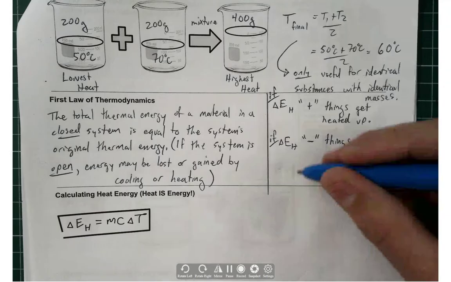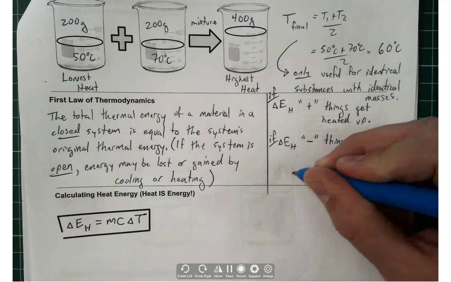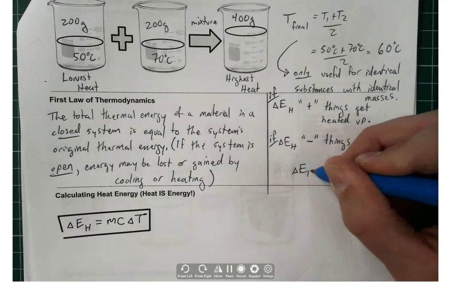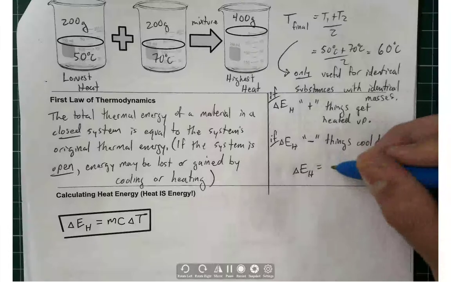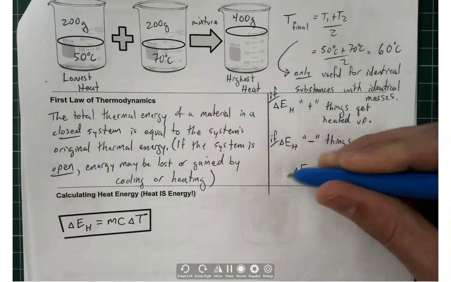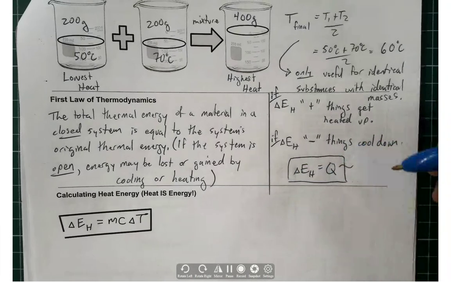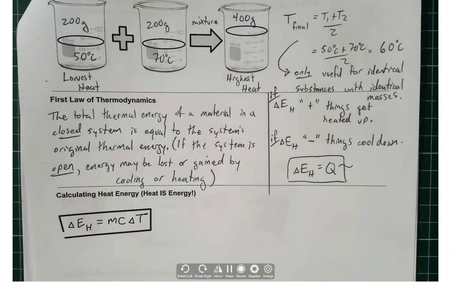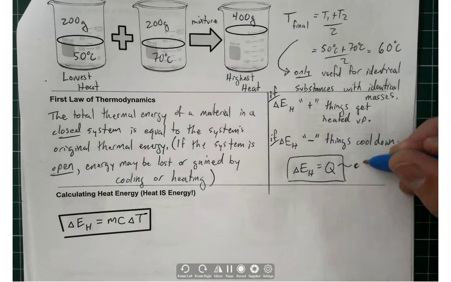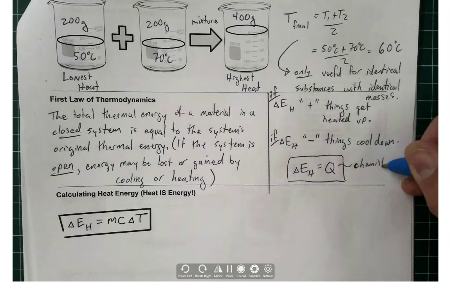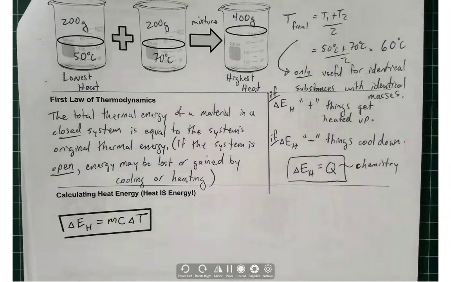Another little fact: you're going to see this in chemistry, so I want to make sure it's clear. I'm using delta EH for heat energy, but chemistry and many people online use capital Q for heat energy as well.